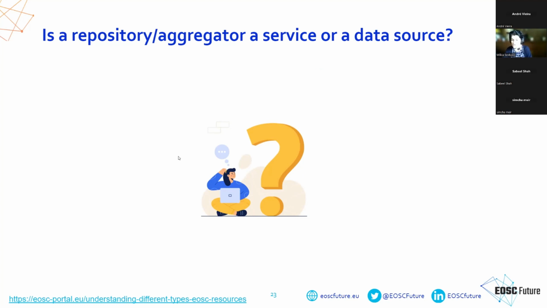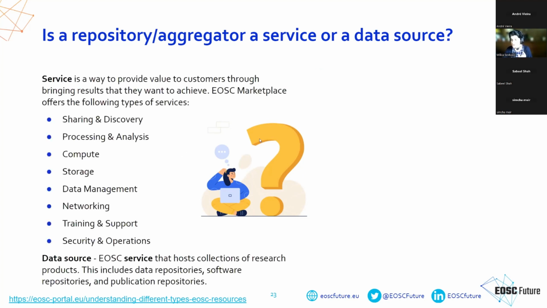So the main question is, what is a service? Service is a way to provide some value to customers or to users, and these are the things that are considered service. Data source is a subgroup of services. The typical feature of a data source is that it contains some data. So it's a service, but it contains some data.